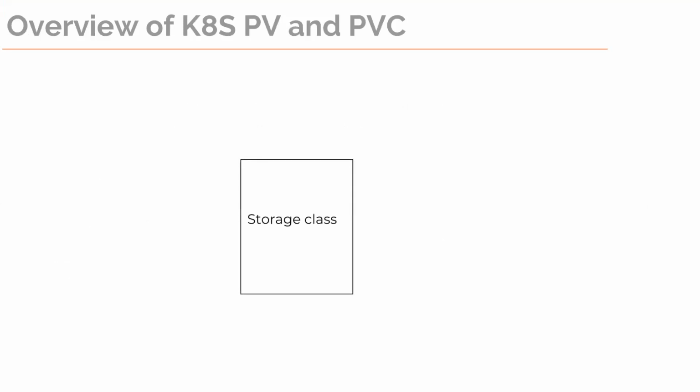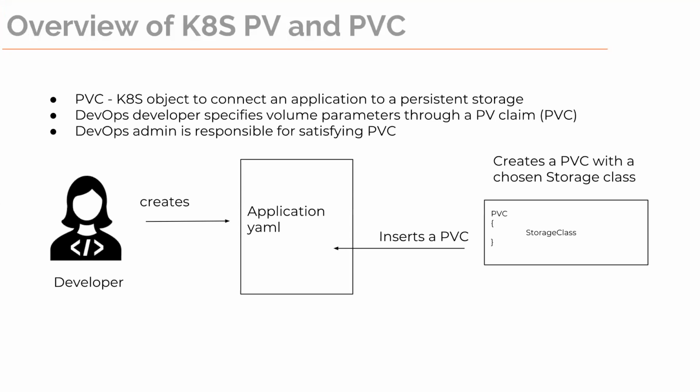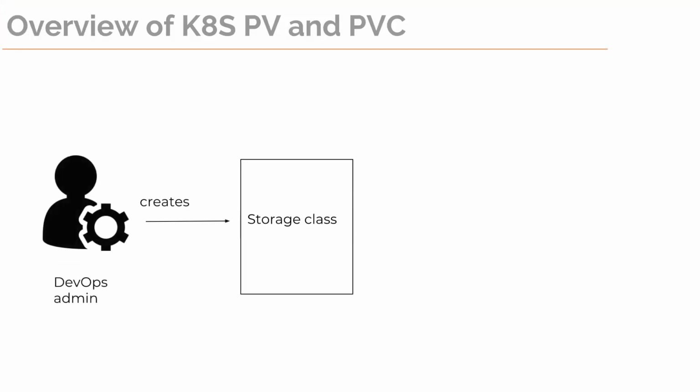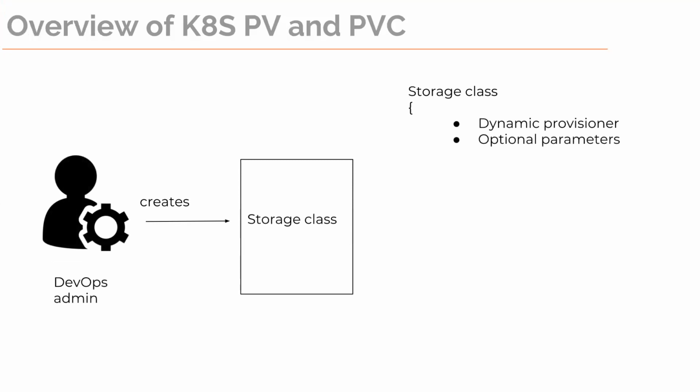For the developer, it seems that the storage class is all that matters. You take a storage class and then you construct a PVC. Who defines that storage class? That's going to be a DevOps admin or a Kubernetes administrator. And how does the admin create a storage class? Either using a static provisioner or a dynamic provisioner. There are also some other optional parameters allowed by the storage class spec.